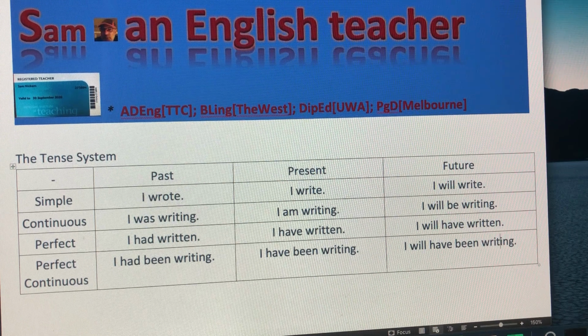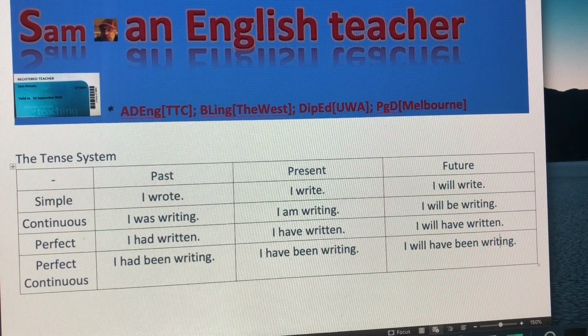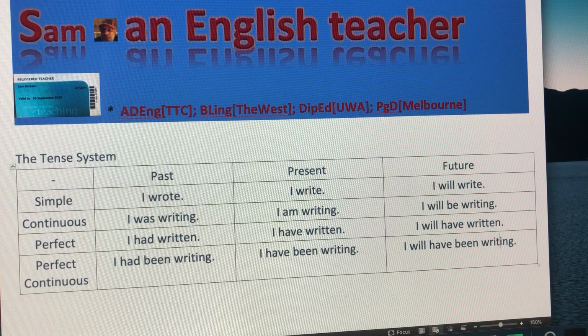So, here and hereby, I say that this piece of work is originally created by me, Sam Nickham, an English teacher, and the name of this piece of work is the tense system.